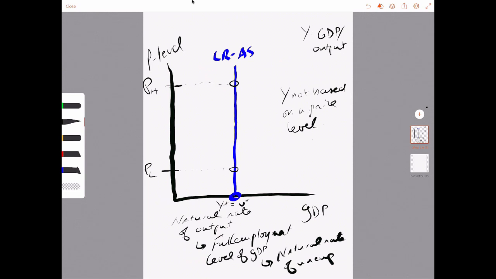The reason why prices really don't matter here in the long run is that all prices adjust to make sure that the economy is producing Y star, or that natural rate of output. Because we have enough time to adjust to any change, all prices adjust so that production occurs at that natural rate of output Y star.